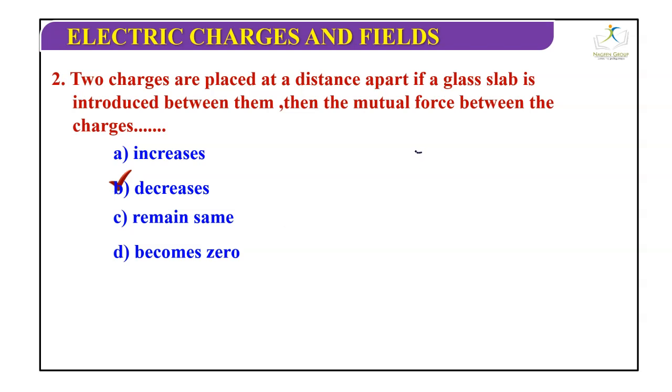The formula of force is 1 by 4 pi epsilon naught, this is for free space. If I include a medium, the medium constant K is also present over there, Q1 Q2 by R squared. So if the medium constant is present, as you can see here, if the value of K increases or changes, the force will change.